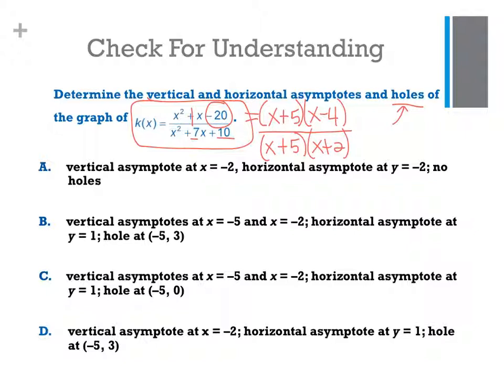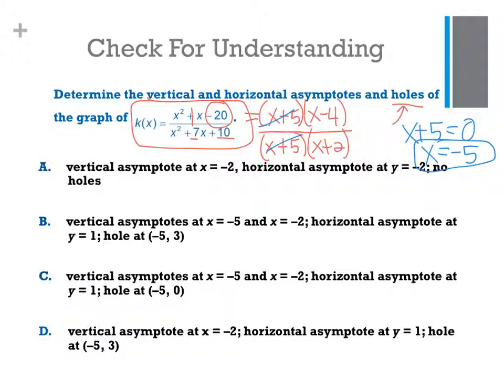So, looking at our rational function here, I can see I have a common factor at x plus 5, which implies if x plus 5 is equal to 0, I have a hole at negative 5. Okay, so just take a glance at our multiple choice questions.